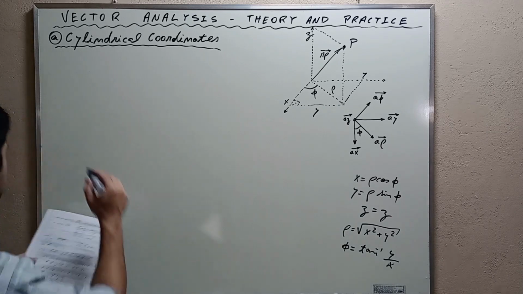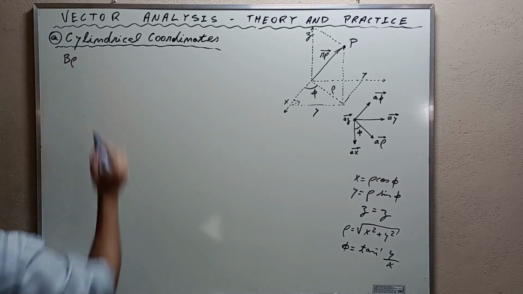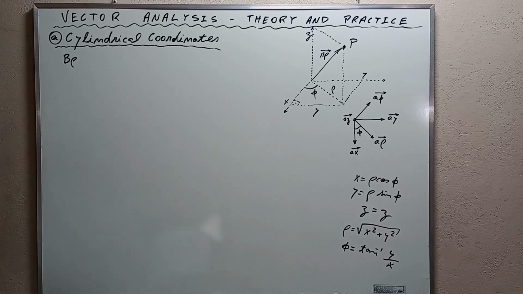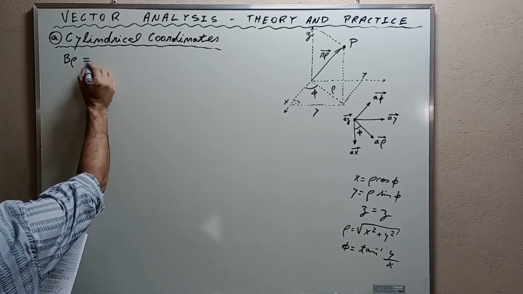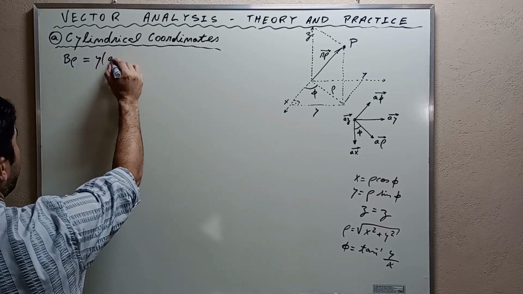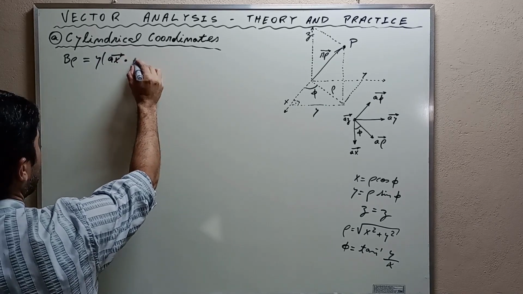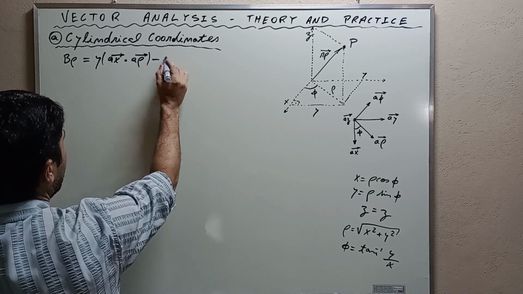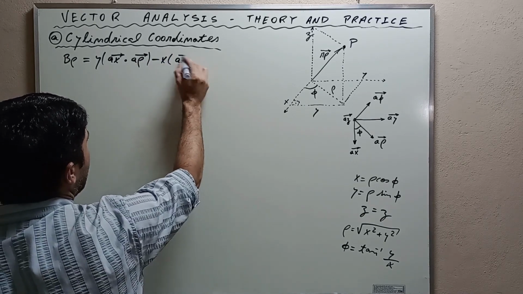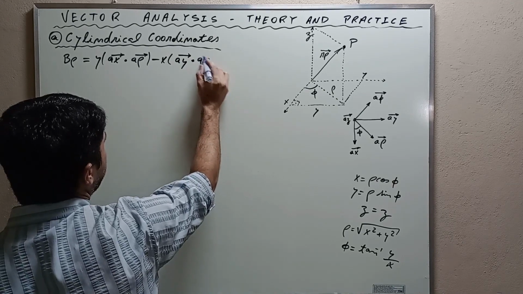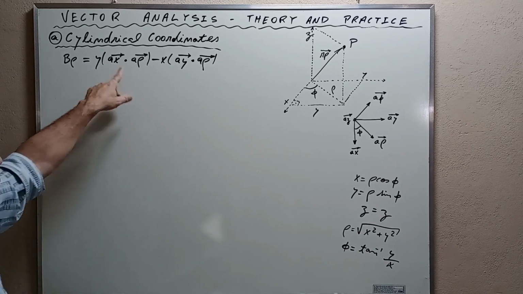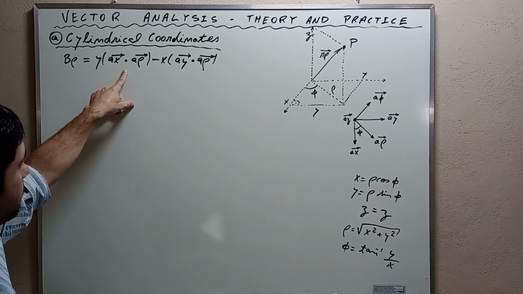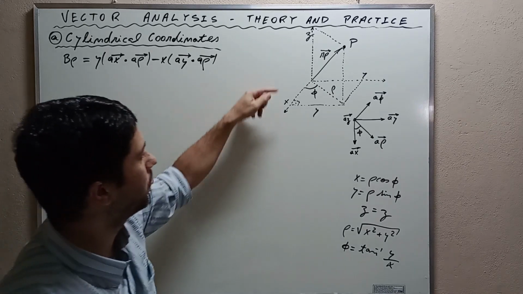In this way, the component of vector b in the rho direction will be y ax a rho minus x ay a rho, and substituting, this is equal to the cosine of angle phi, okay?